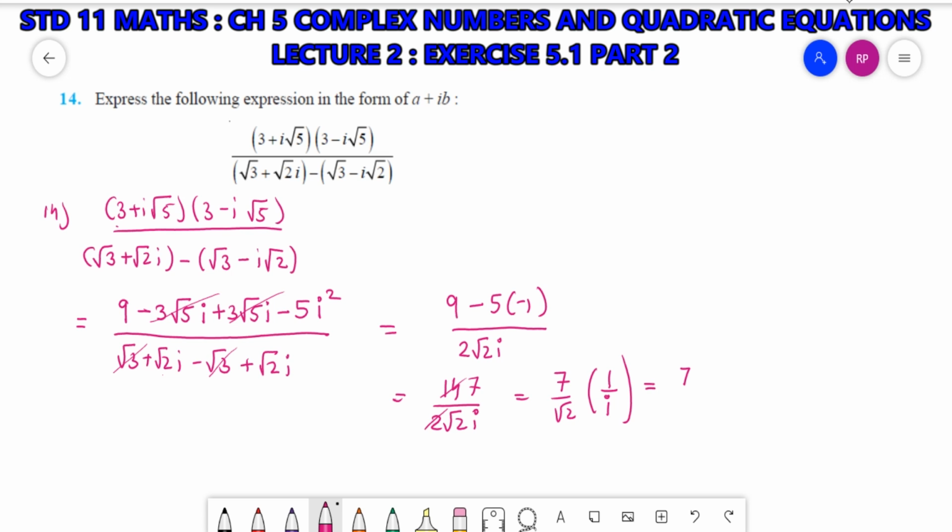So 7 by root 2 minus i, or I can write it down 0 minus 7 by root 2 i. a is 0 and b is equal to minus 7 by root 2. Clear?